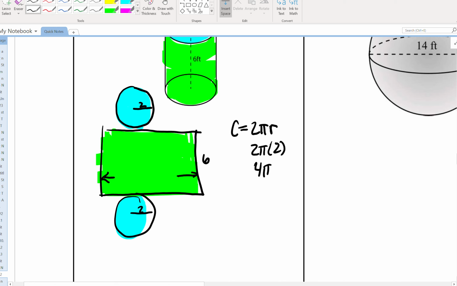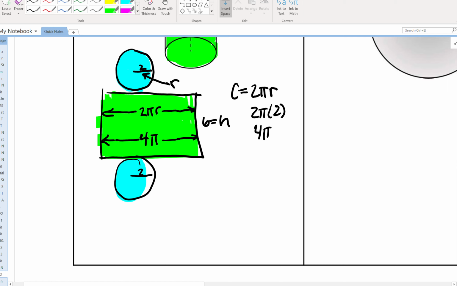And so how long is this? It's 4 pi units long. In a general sense, it's 2 pi r, and the 6 is the h. That 2 is the radius, and it's true for both of those. So the area of the top, the blue part, is pi r squared.